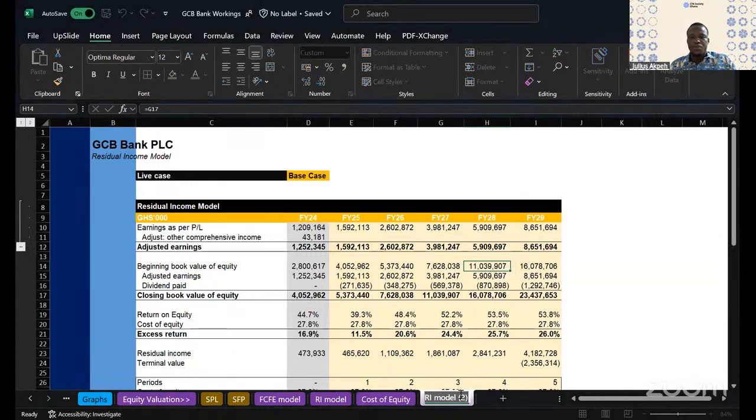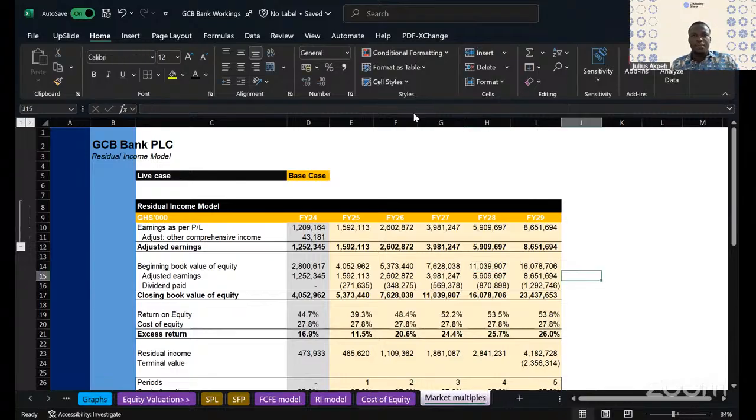Tomorrow we can proceed to really look at it, but it won't take much time, because we are using just the price to book ratio. So price multiples or market multiples. So that's all we have there. So we'll set it up and we'll close for the day. And then we will see how it goes.